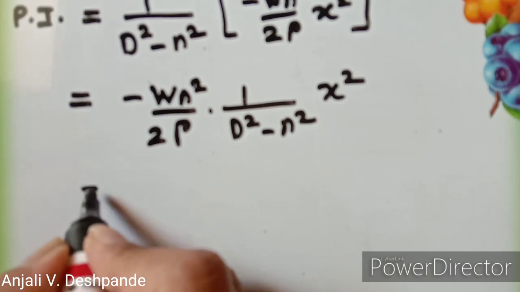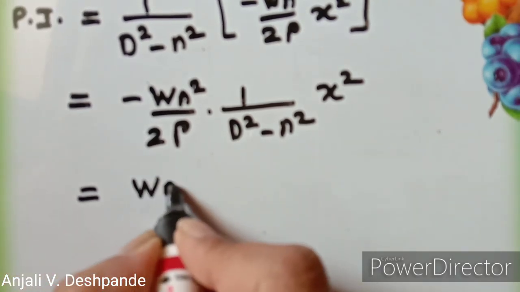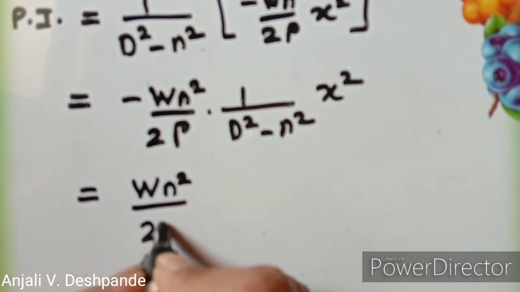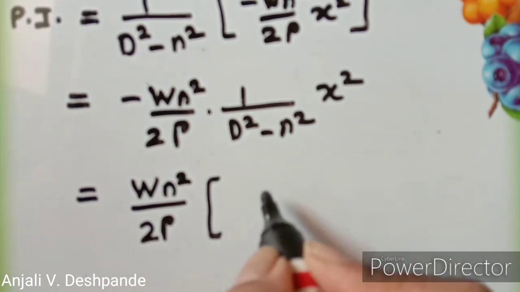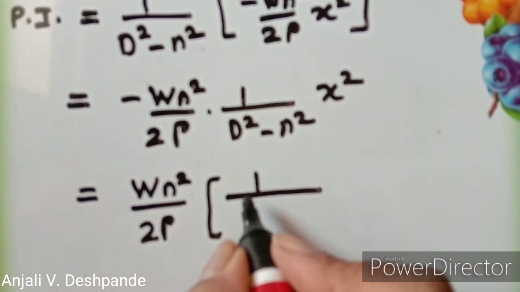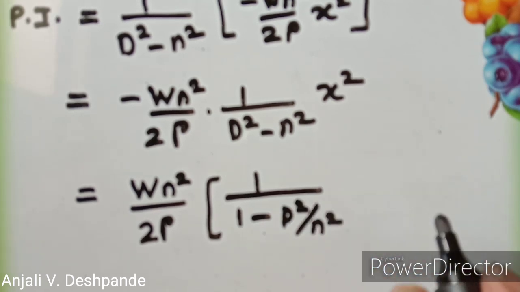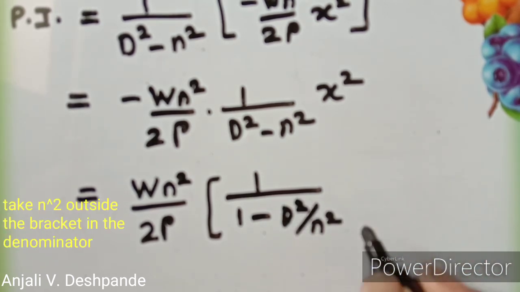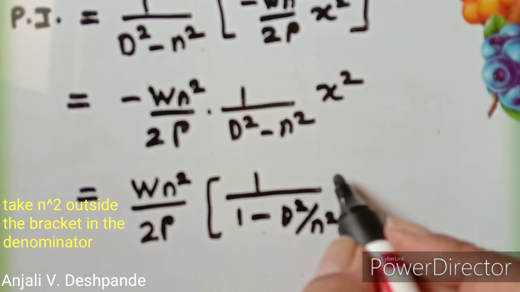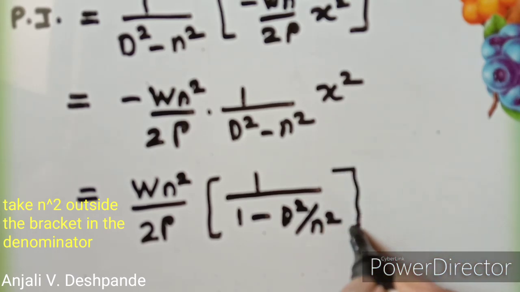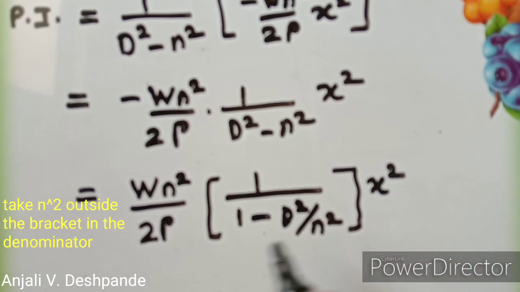So this I am going to now write as w n square divided by 2p, and 1 upon 1 minus d square divided by n square, operating on x square.